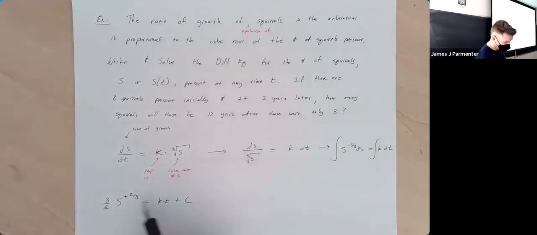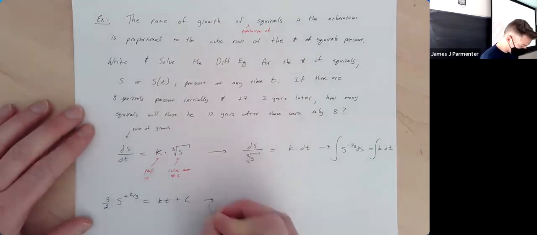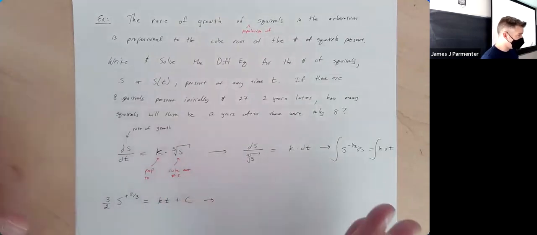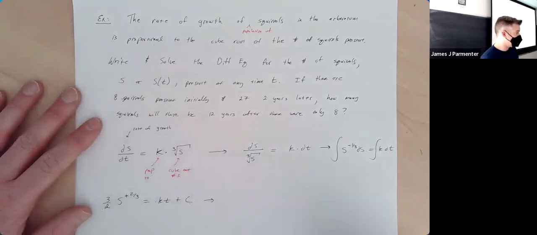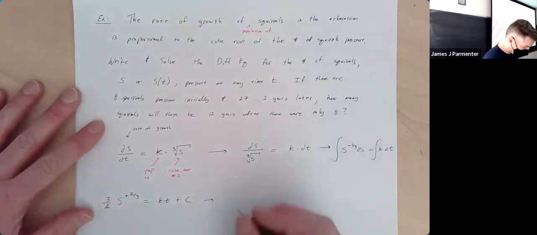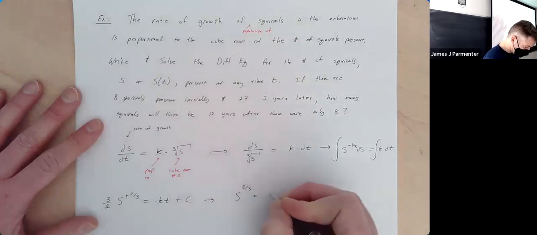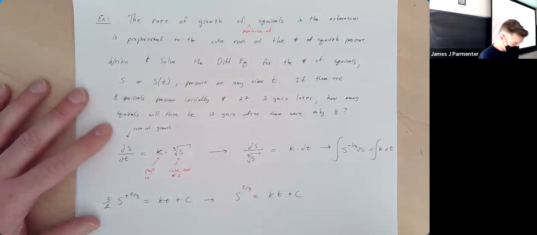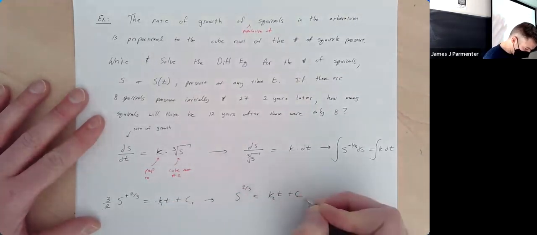So I would probably just go ahead and isolate S completely before I start thinking about solving for the constant. So to isolate S, I would multiply both sides by 2/3, which really doesn't do anything, because 2/3 times a constant is still a constant. So I think we can get away with writing this as S to the 2/3 equal to KT plus C. If you like, just to differentiate, I can call this K1 and C1 and this K2 and C2.